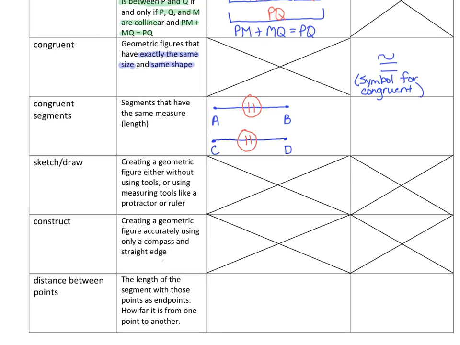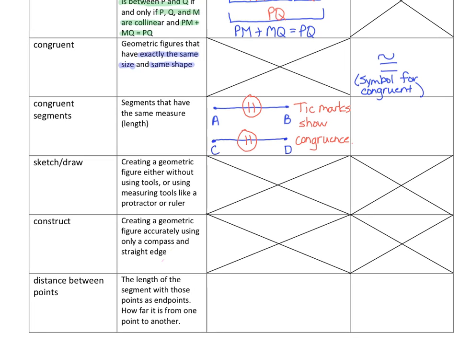If you're looking for congruent segments, look for tick marks. Tick marks show congruence, and the same number of tick marks on each segment tells you those segments are congruent to each other.